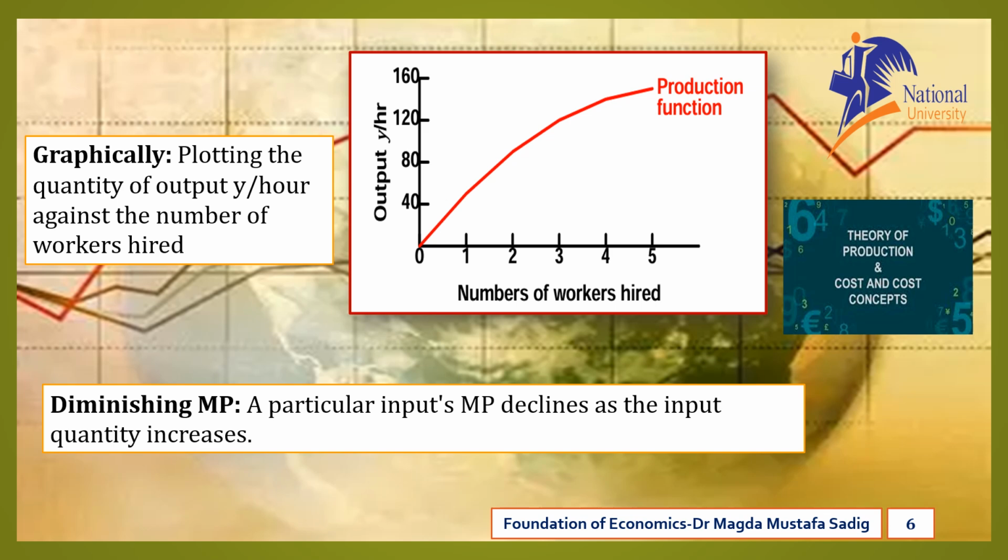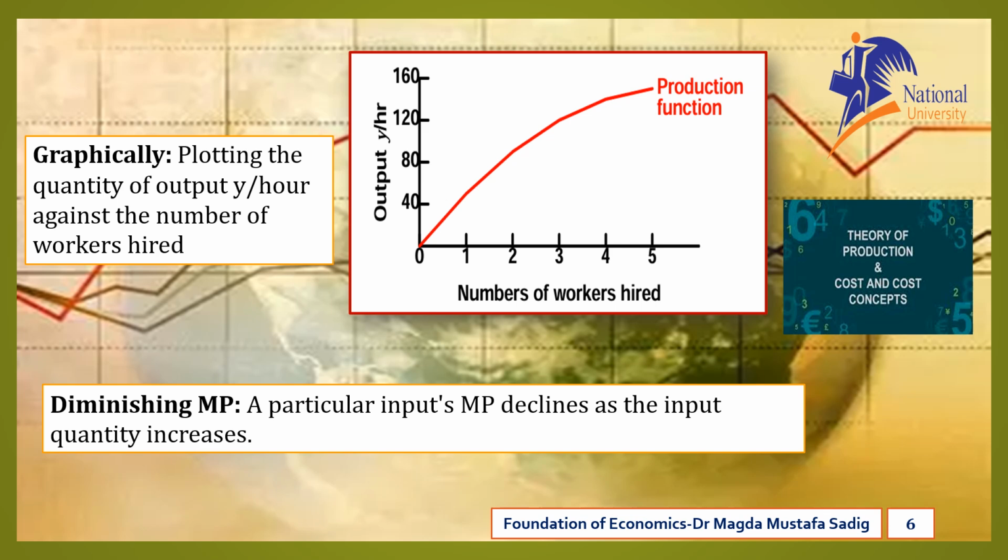Graphically, we can represent this using the total production curve, where we put the number of workers hired, or the inputs, on the horizontal axis and the output or total production on the vertical axis.